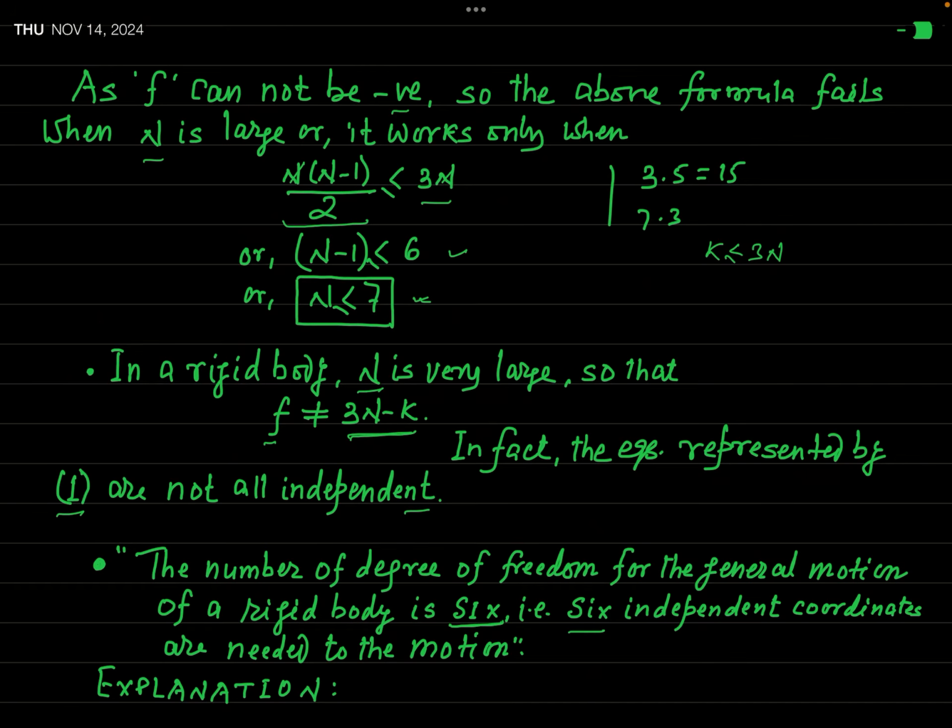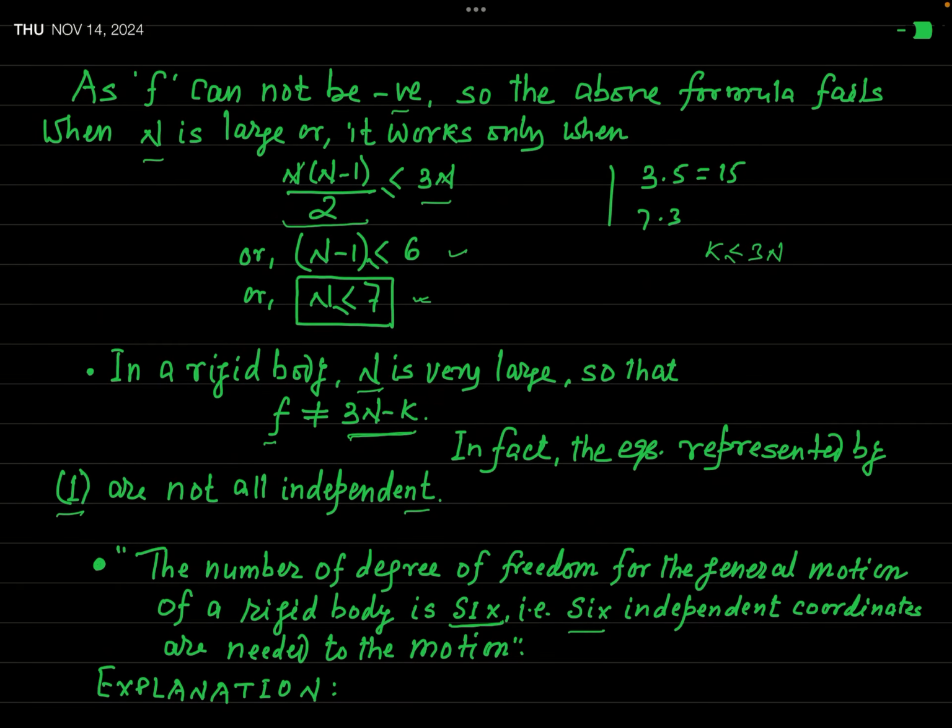So whenever we discuss the motion of a rigid body, you must have 6 generalized coordinates. But how can you say that a rigid body has 6 degrees of freedom, or that to describe the motion of a rigid body we need 6 generalized coordinates?